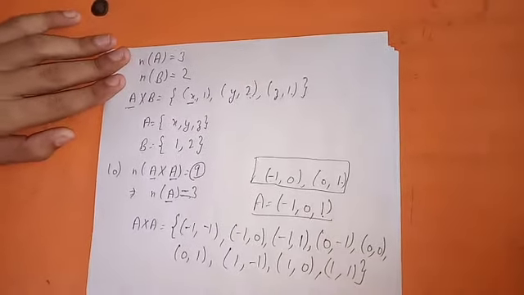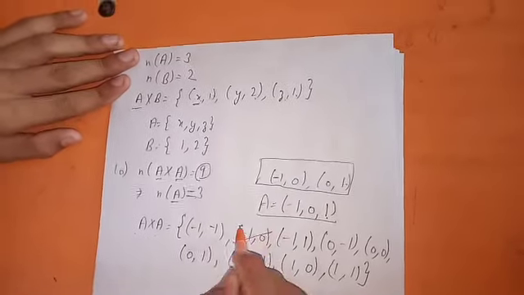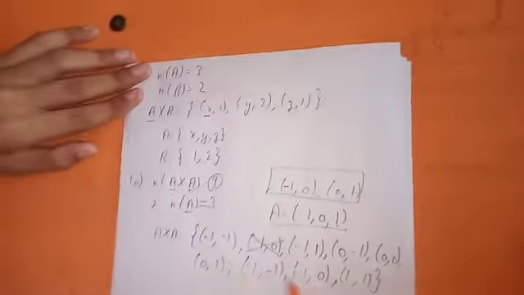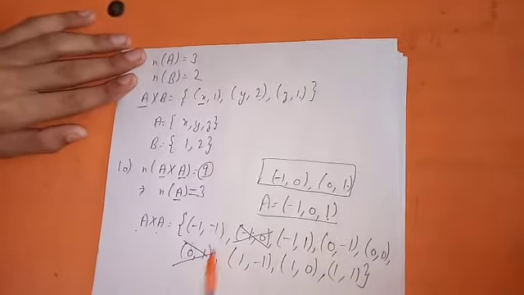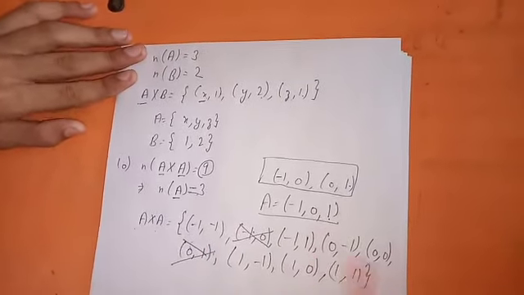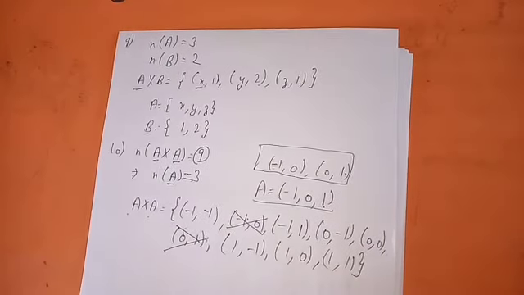These are all the elements in A cross A, but 2 were given to us, that are (-1, 0) and (0, 1). So we'll exclude these 2, and the remaining which are left we will write, that these are the remaining elements of A cross A.